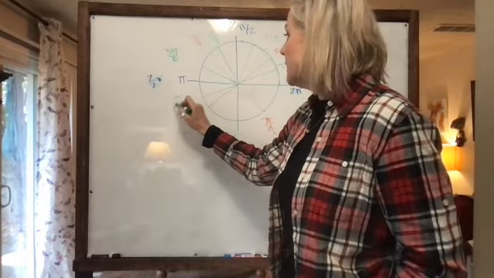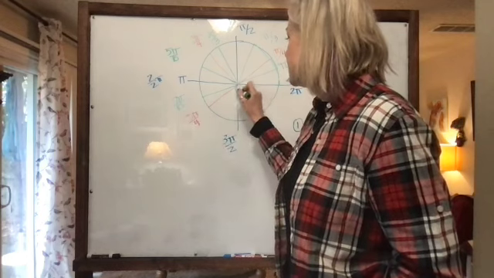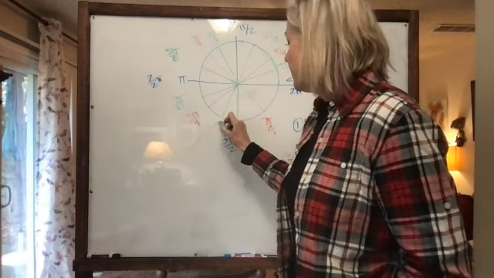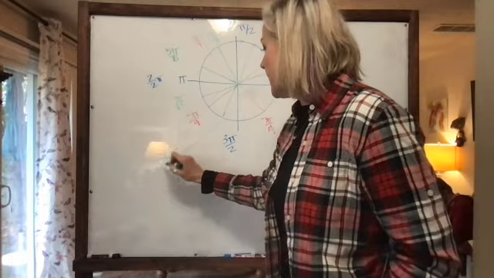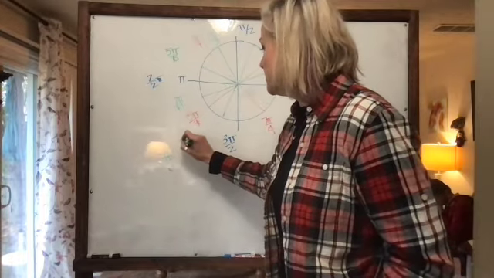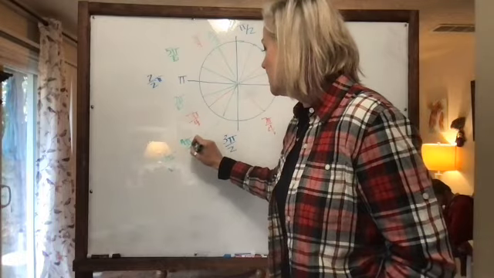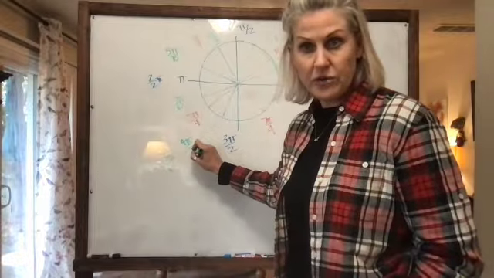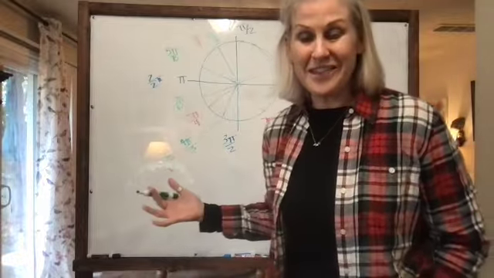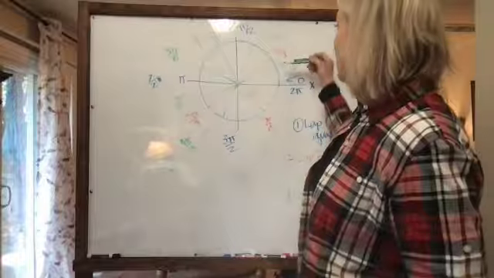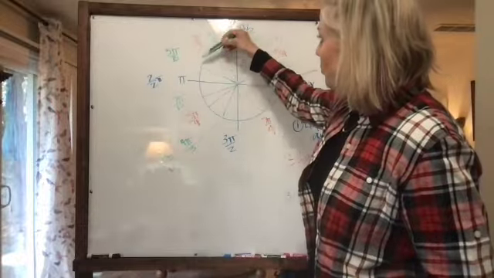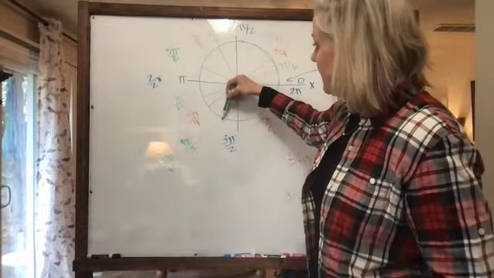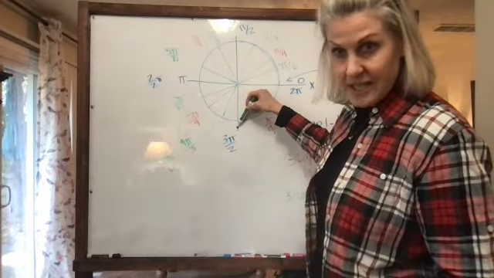7 pi over 6. This is 8 pi over 6, which reduces down to 4 over 3. 4 pi over 3. And sometimes if I get off count, I'll stop. I'll go back to the beginning. 1, 2, 3, 4, 5, 6, 7, 8, 9 over 6.